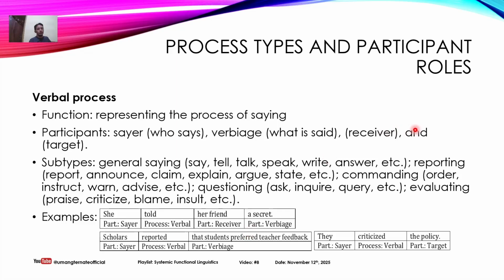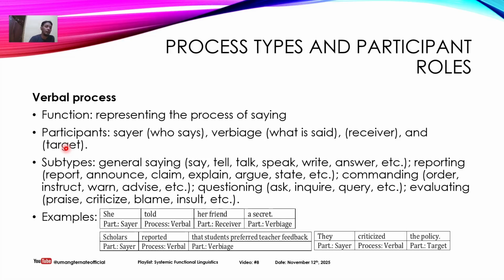Alright, verbal process representing the process of saying. The participants include the sayer or who says, verbiage. Verbiage is the content, what is said. And then the receiver. The receiver is the participant who receives the saying, and the target. The target is the participant which is talked about, like that.